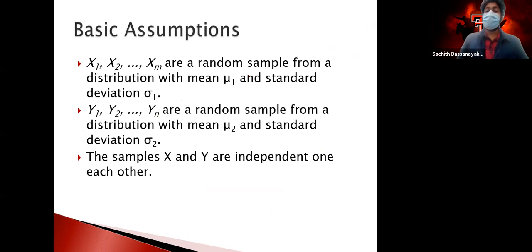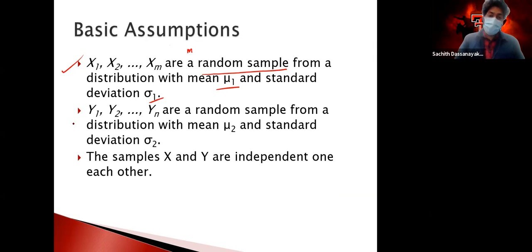These are the basic assumptions. Consider one population, which we call capital X. It has these observations or samples from X1 to Xm. There are m samples. They are a random sample from a distribution, and random sample means they are independent, with mean mu 1 and standard deviation sigma 1.